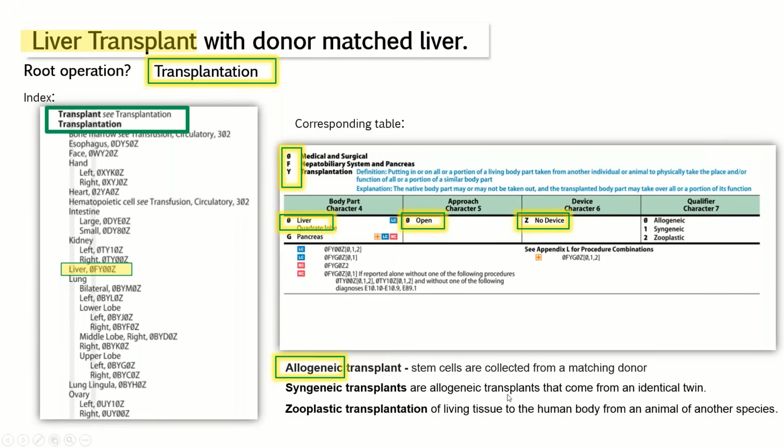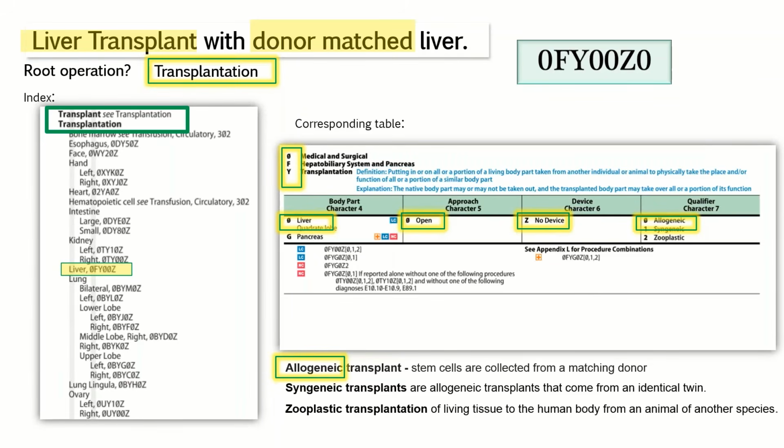Yeah, so you got to be a twin, and zooplastic is of living tissue to the human body from an animal or other species. So that graft came from an animal, and you know what? We're going to choose 7th character qualifier 0 and our code 0FY00Z0.